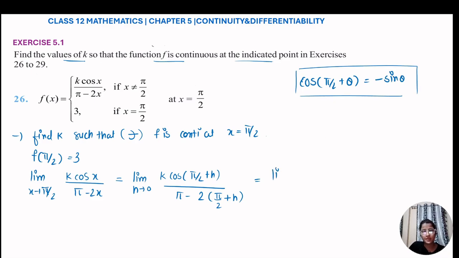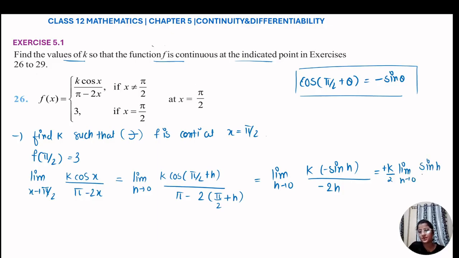So this limit will be limit h tends to 0 of k times minus sin h divided by, now the denominator will become minus 2h. So this limit will be positive k by 2 times limit h tends to 0 of sin h by h. Now we know it.